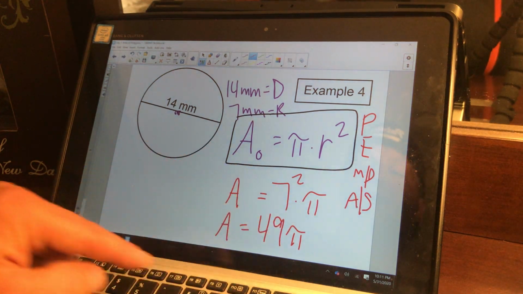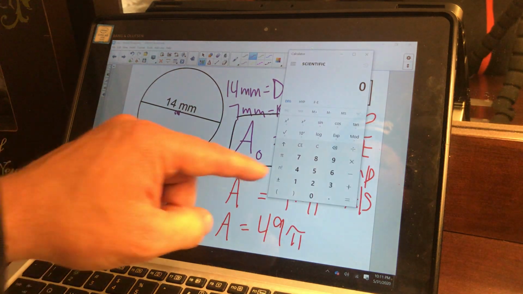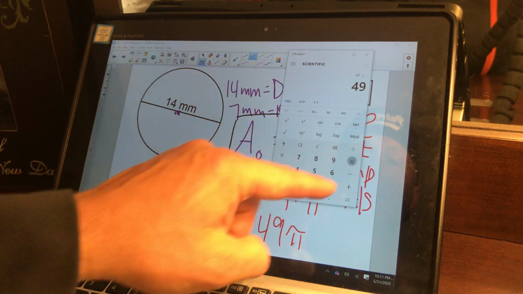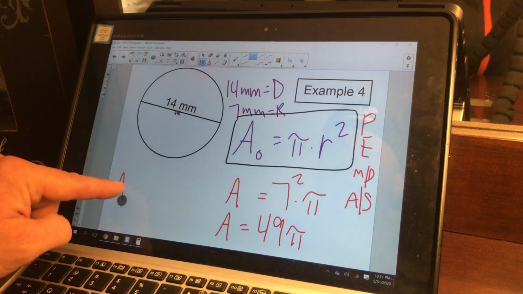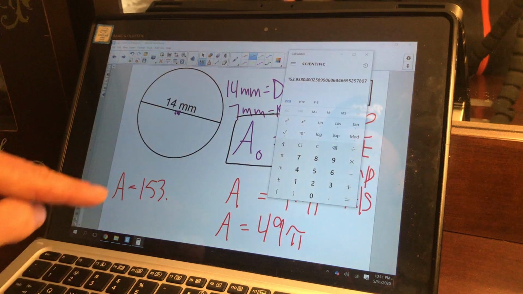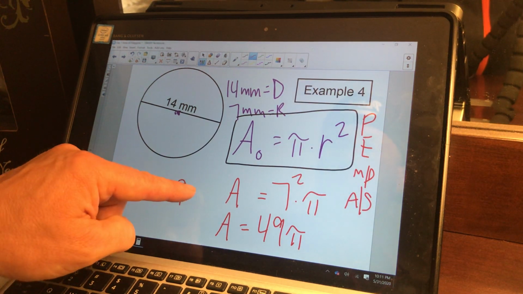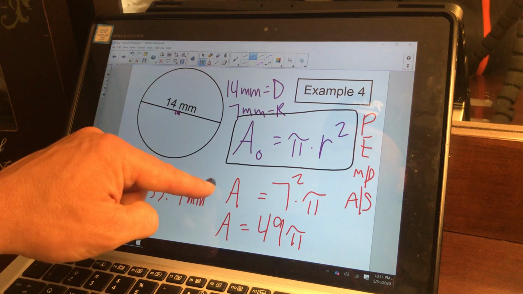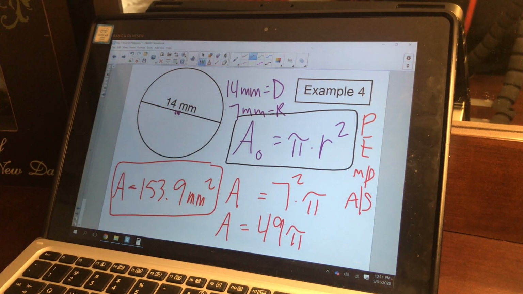So you got to make sure you do that first. And I'll use my calculator to go ahead and do 49 times pi. And that's going to be area equals 153.9 millimeters squared. Again, that should be a review from last unit.